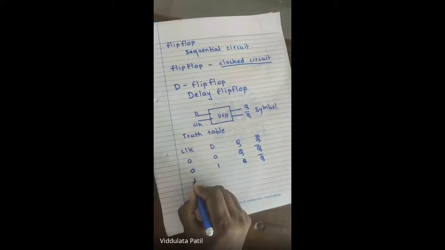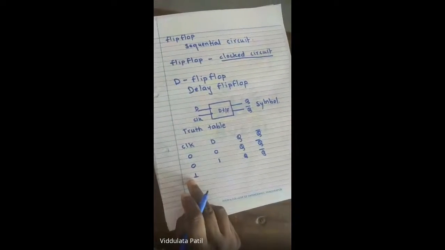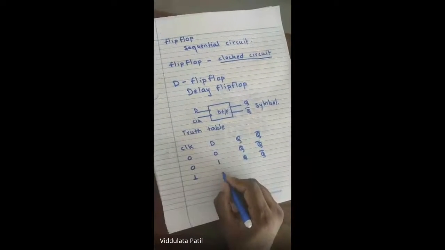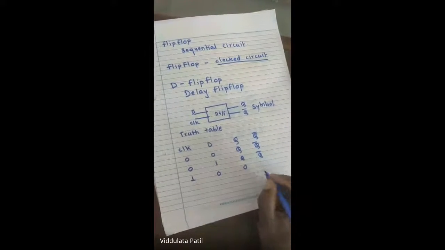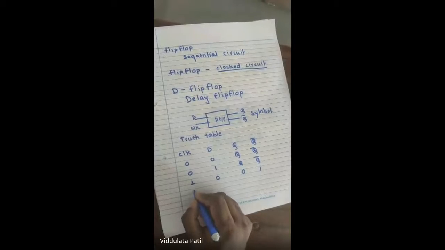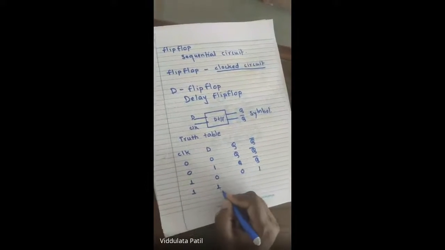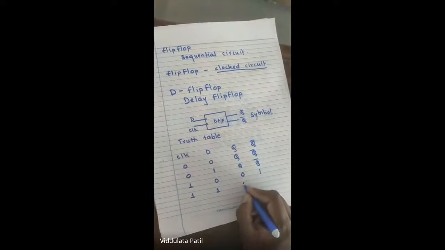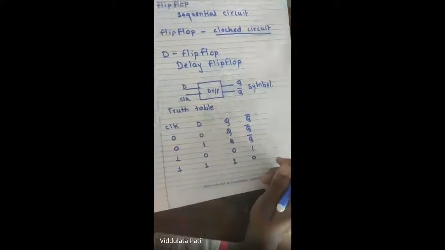But when there is a rising edge of this clock signal, I am indicating that with 1. If clock is 1 and D is 0, then Q will be equal to 0 and Q bar will be 1. At the same time, if clock is 1 and D is 1, then Q will be equal to 1 and Q bar will be equal to 0.